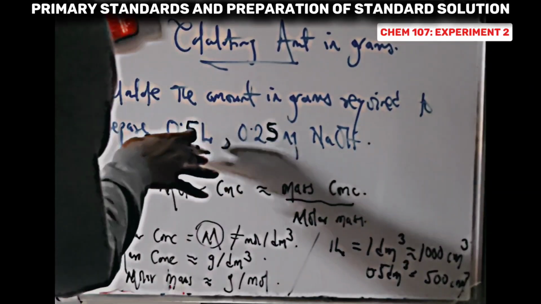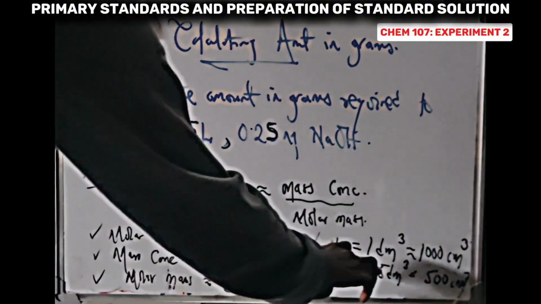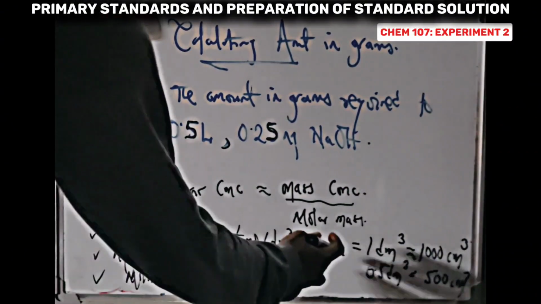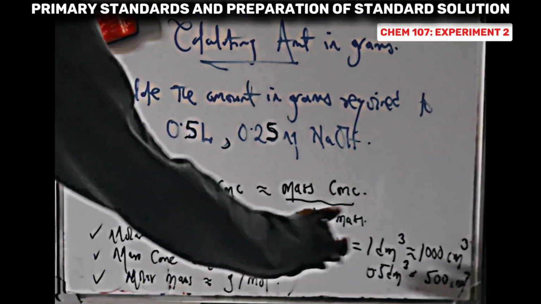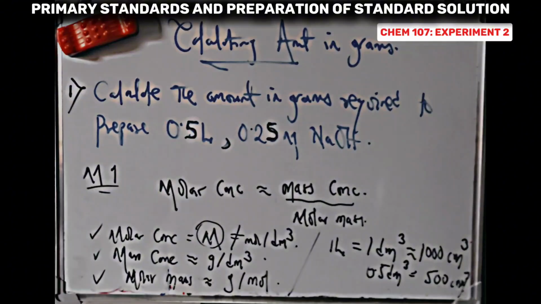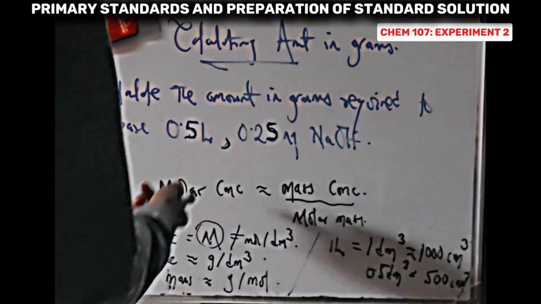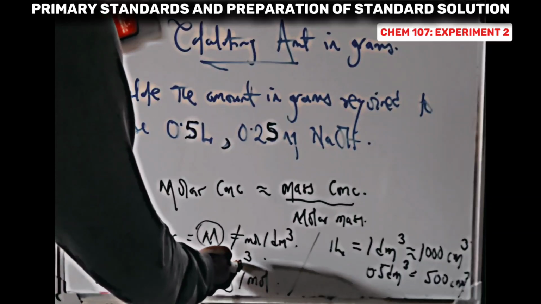This is just for you to interpret this. 0.5 liter means 500 cm cube or 0.5 dm cube, because 1 liter is equivalent to 1 dm cube. So with this knowledge, let's apply this formula and solve the amount in grams, which is gram per dm cube.